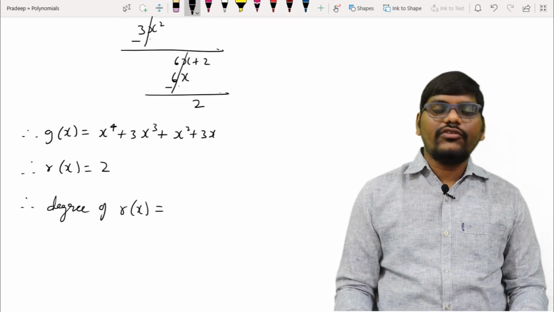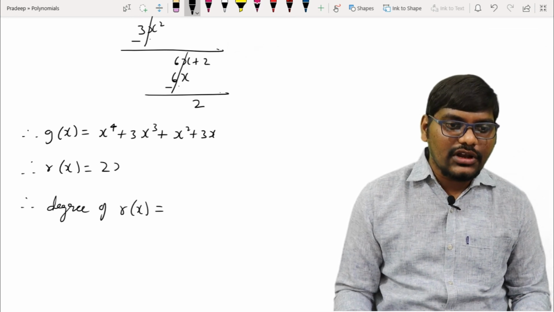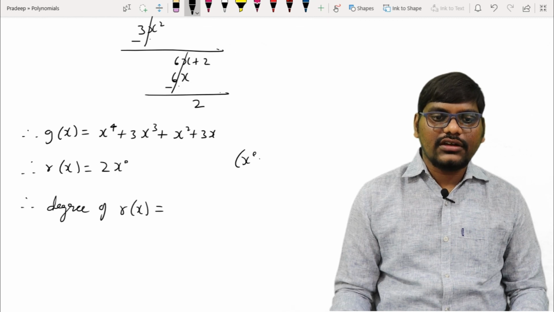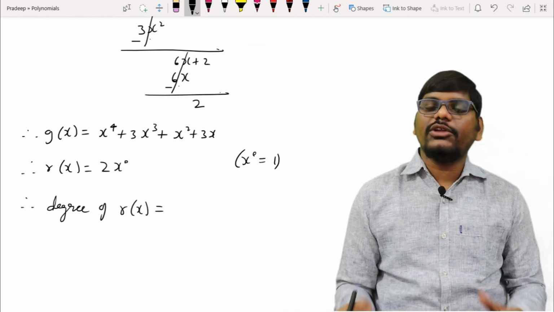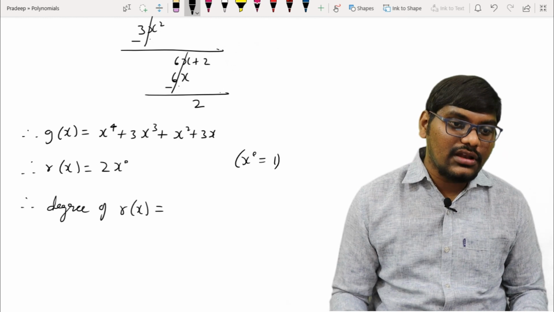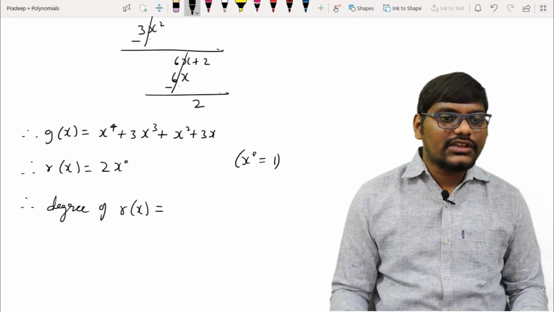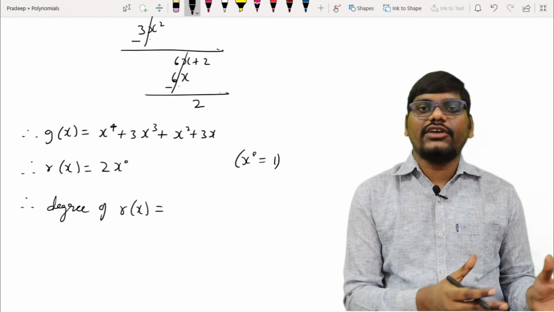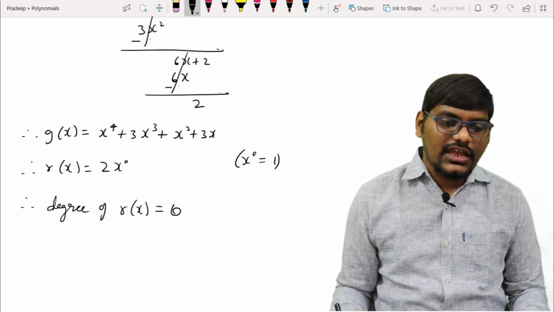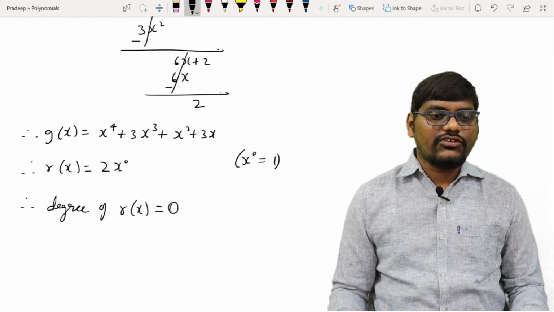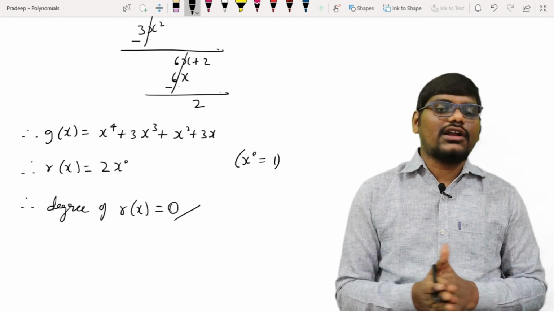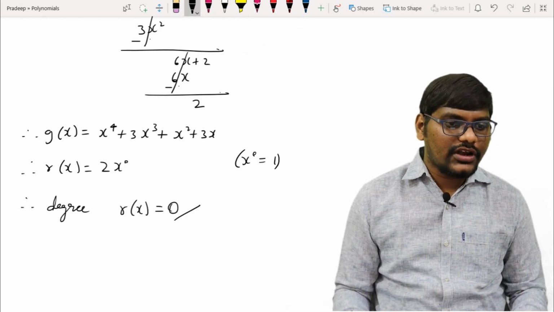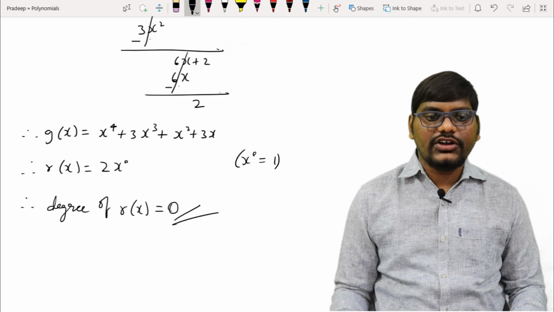Because there is no variable here, we can take the variable x power 0. Okay, x power 0 is nothing but 1. So 2 into 1 will be 2 only. As we have taken the variable x power 0, where the variable has the power 0, we can definitely say the degree of r of x is 0. Okay, so the degree of r of x is 0. That is what the question asked, to find out the degree of r of x. So we got it as 0.